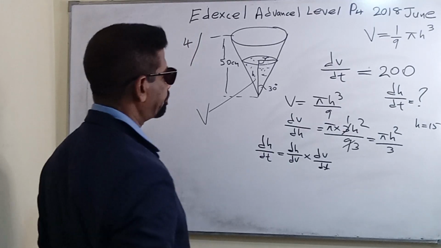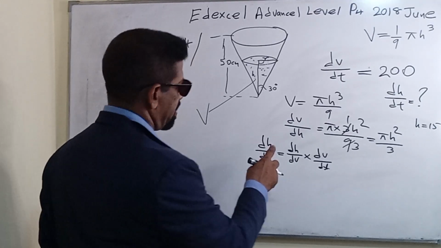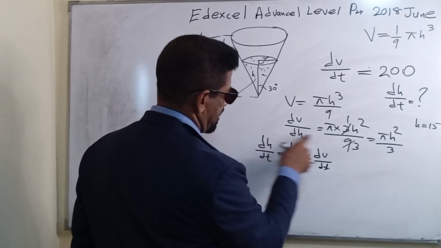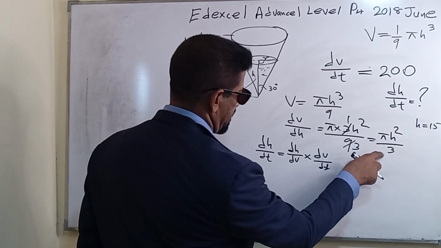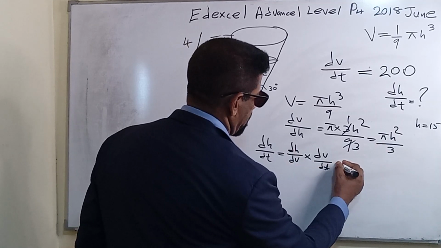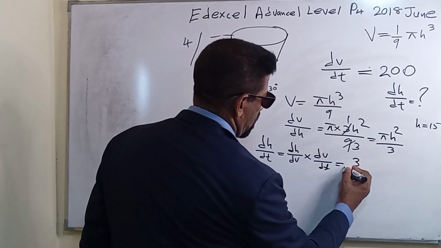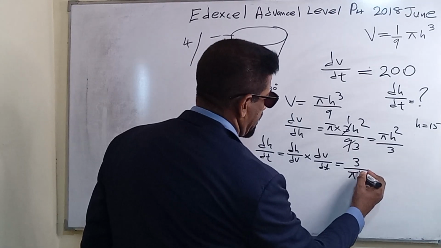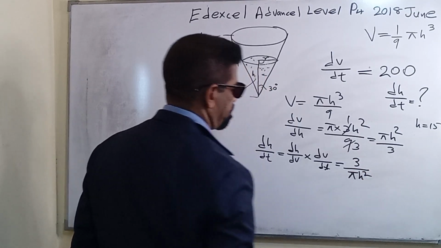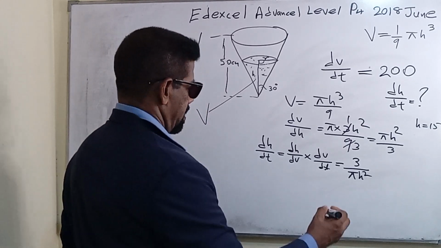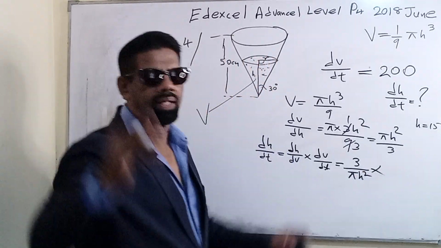Now we know dV by dh is pi h squared over 3, so dh by dV, taking the reciprocal, is 3 over pi h squared. Okay, now I think you are understanding.